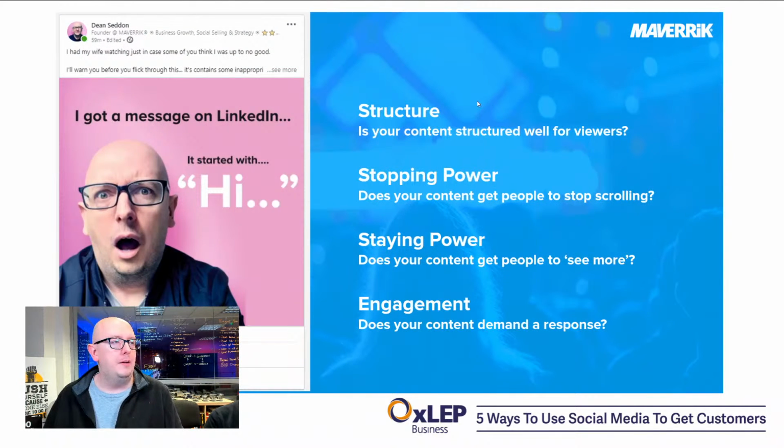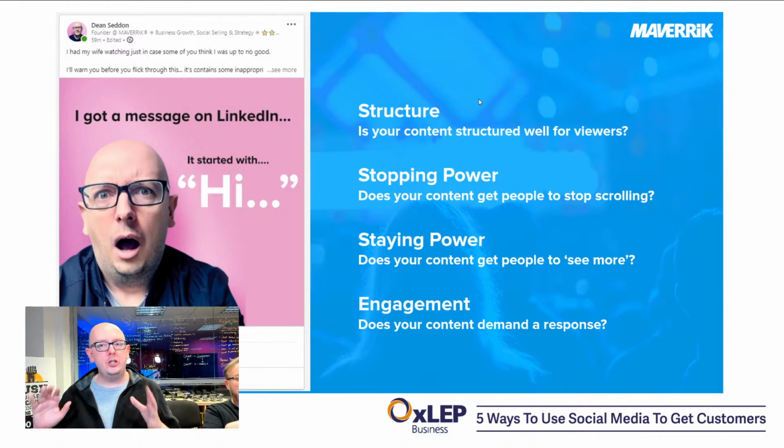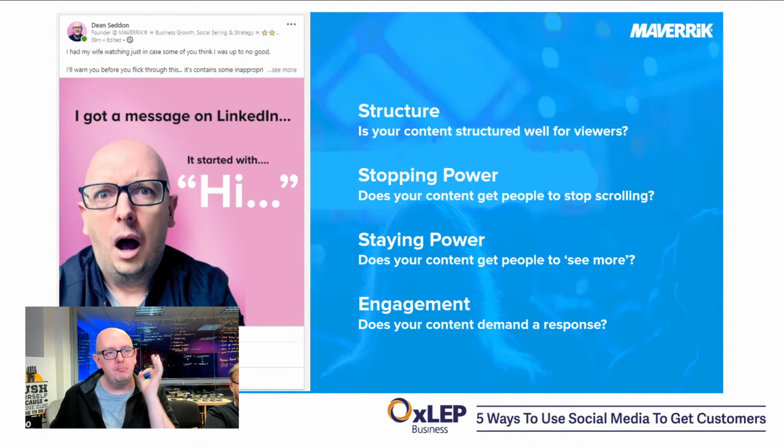So when you're doing a post, there's 4 vital components of what you need to have in any social media post. 4 vital elements that you need to make a post work. LinkedIn, Facebook, Instagram, Twitter, anywhere.